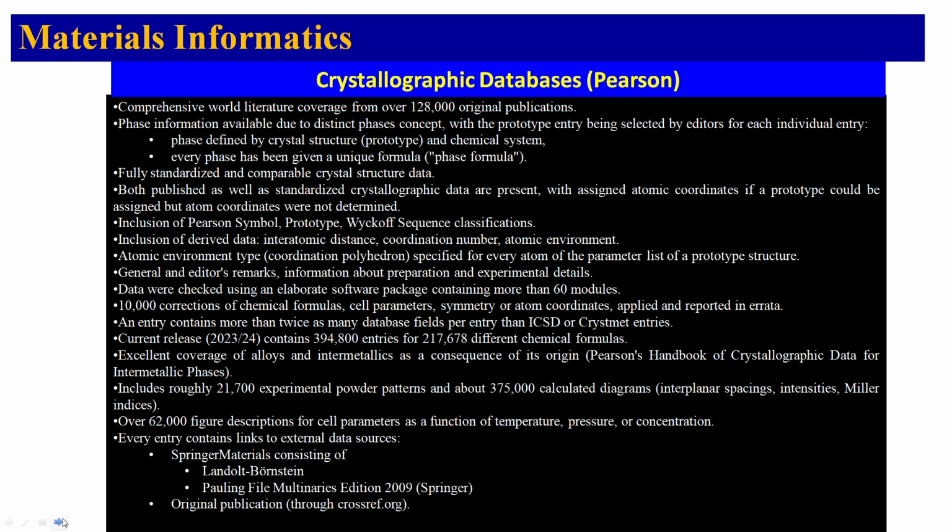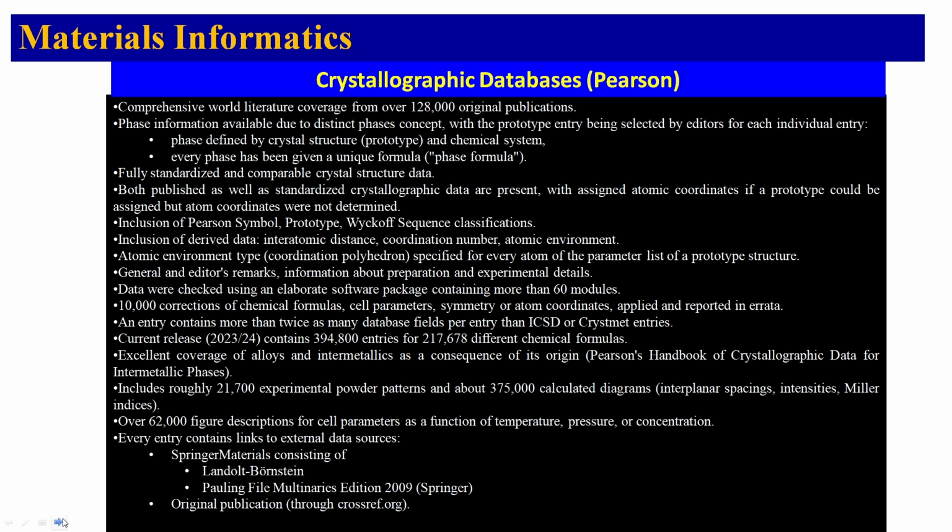So, now the third one is called crystallographic databases, and this is comprehensive literature coverage from 128,000 original publications. This is taken directly from the Pearson crystallographic homepage. I just copied it from there. I do not want to distort the information that they have given.